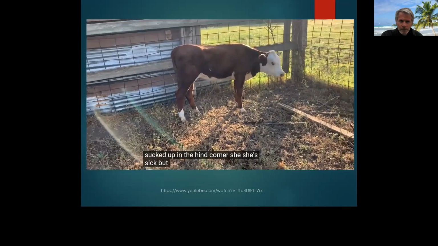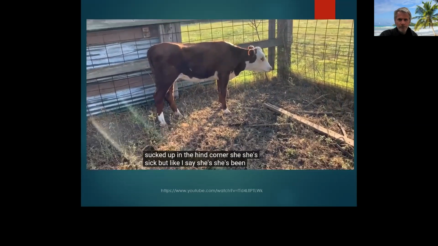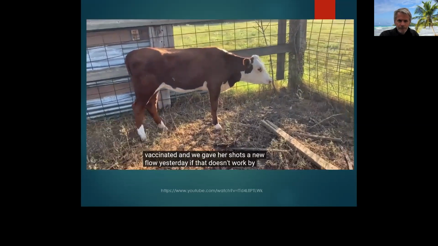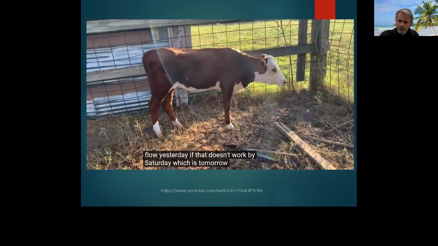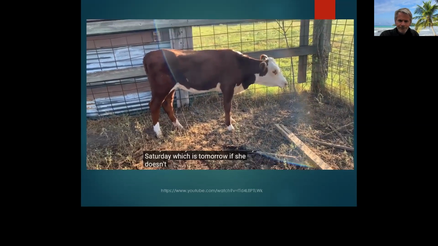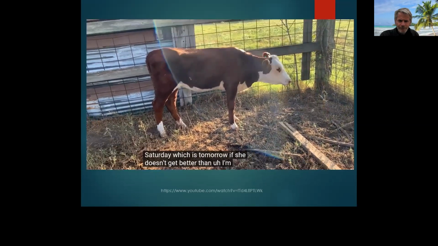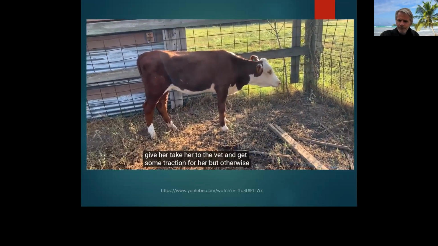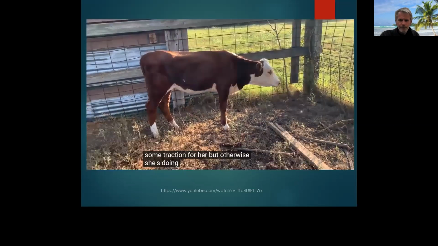She's sick, but she's been vaccinated, and we gave her shots of NuFlow yesterday. If she doesn't get better by Saturday, which is tomorrow, then I'm gonna take her to the vet and get some Draxxin for her. But otherwise, she's doing much better.